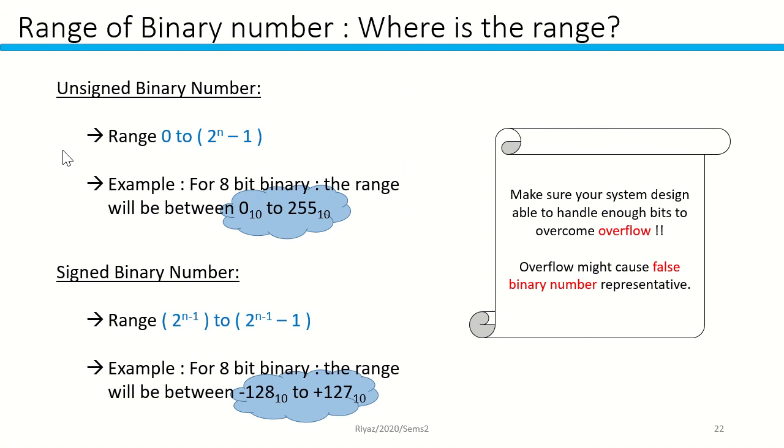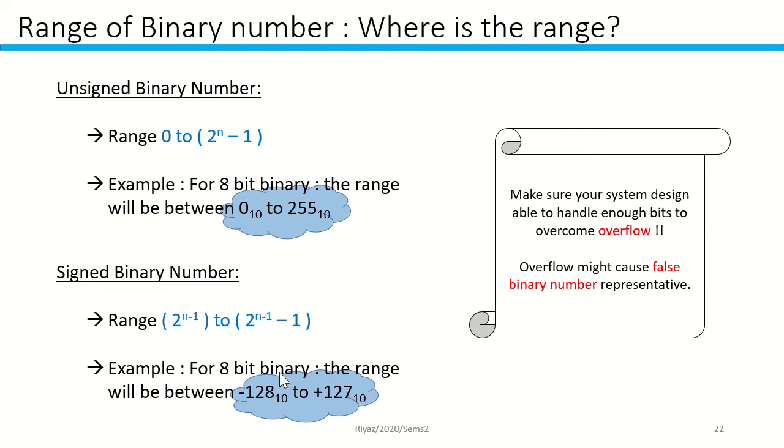So, the range of binary numbers. For unsigned binary numbers, the range is from 0 to 2 to the power of n minus 1. For example, for 8 bits, from 0 to 2 to the power of 8, which is 256, minus 1, you're going to have 255. So for 8-bit unsigned binary, it will be from 0 to 255. And for signed numbers, it is negative 2 to the power of n minus 1 to 2 to the power of n minus 1, minus 1.